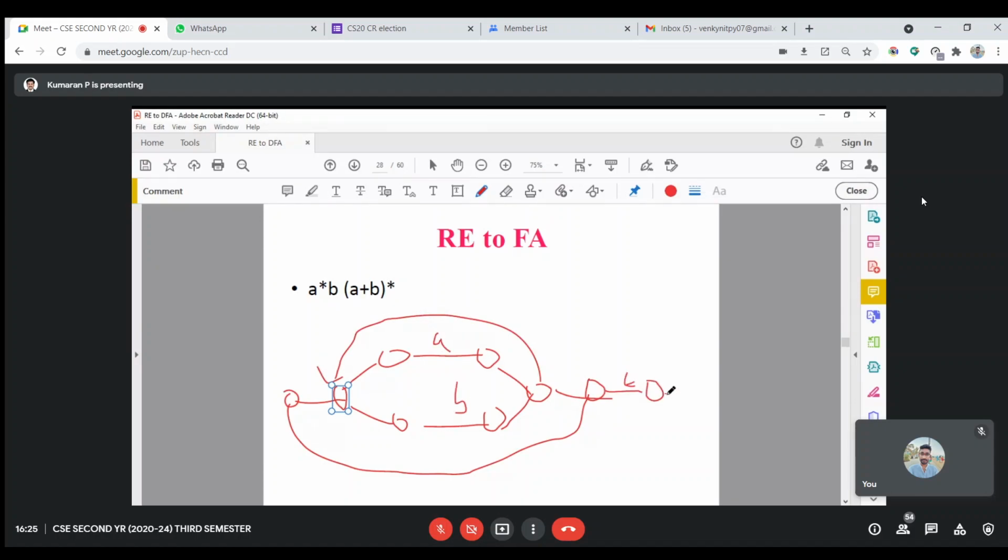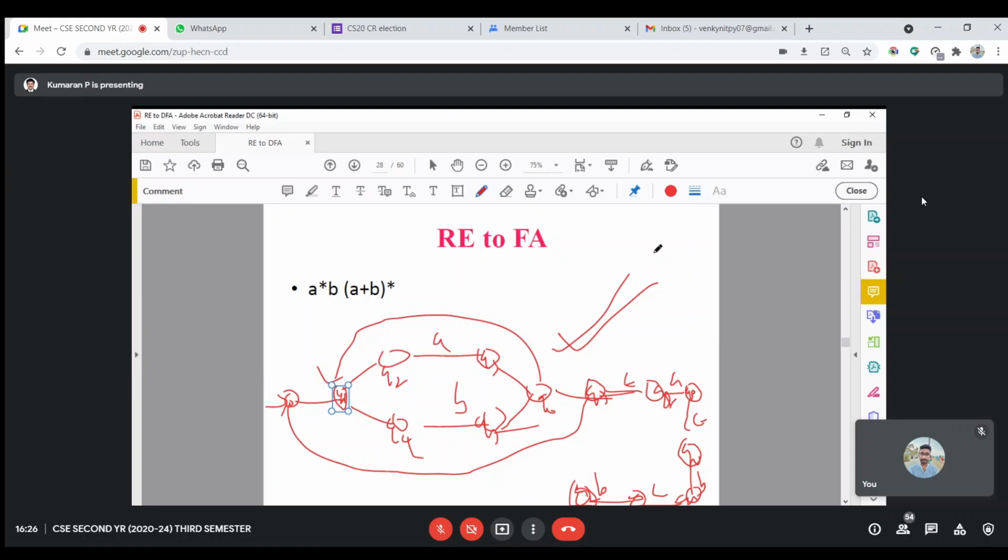Okay, concatenation with a single a, concatenation with a single b, concatenation with another b, final state. This is the diagram. You can fill the states here. This is a starting state. This is a final state. Q0, Q1, Q2, Q3, Q4, Q5, Q6, Q7, Q8, Q9, Q10, Q11, Q12, Q13. That's it. This is the diagram of (a+b)*abb.